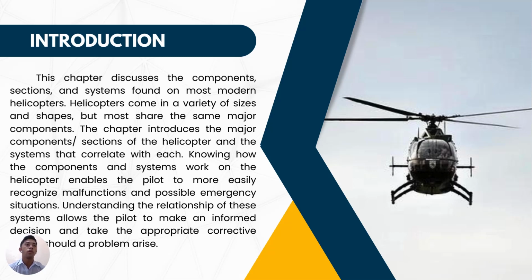Knowing how the components and systems work on the helicopter enables the pilot to more easily recognize malfunctions and possible emergency situations, and understanding the relationship of these systems allows the pilot to make an informed decision and take the appropriate corrective action should a problem arise. So this chapter will discuss the component sections and systems found in a helicopter.